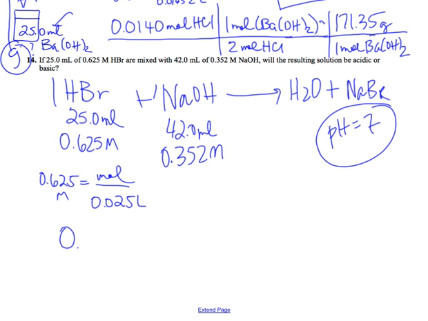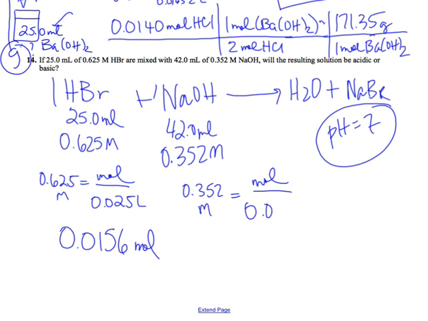I'm sorry, I can't hear anybody. 0.0156. Does everyone agree with that? All right, so that's moles of the acid. Let's check out moles of the base. We have 0.352 molar, and that's equal to moles over 0.042 liters. Are y'all getting comfortable with me switching to liters really quick? Okay, you got to get used to that. What do we get for moles?